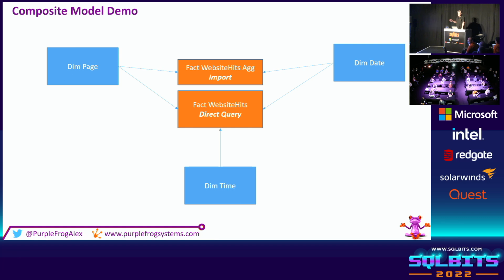So we could just write a DAX statement that says, if we have a filter applied to our time dimension, use the direct query table, otherwise use the aggregated table. But then you've got two different tables in the model. Users are going to start to get a little confused as to what's what. So with composite models, we can actually blend those together into a single conceptual table that Power BI will manage. So let's have a look at that in action.